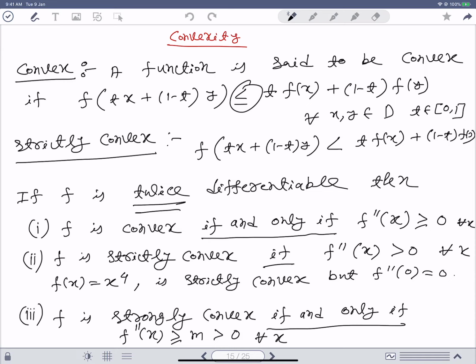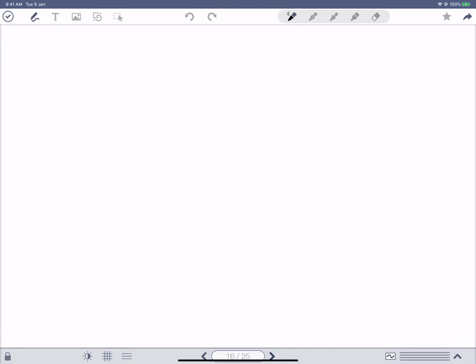Now there are a few common mistakes which you should not make. So the first mistake: f of x equal to mod x is convex, but not differentiable at 0.